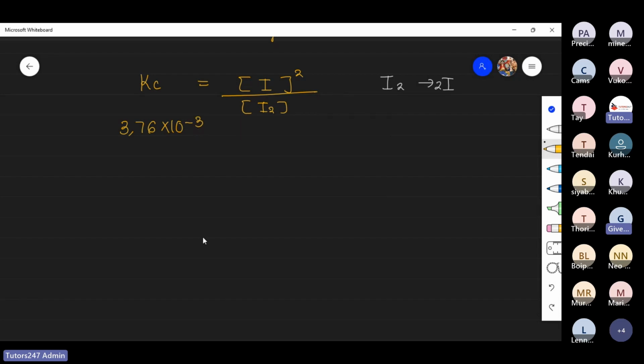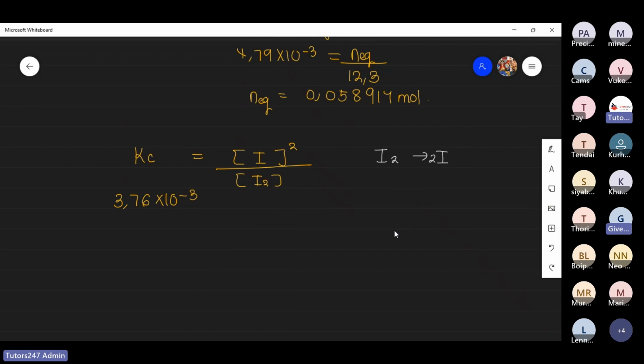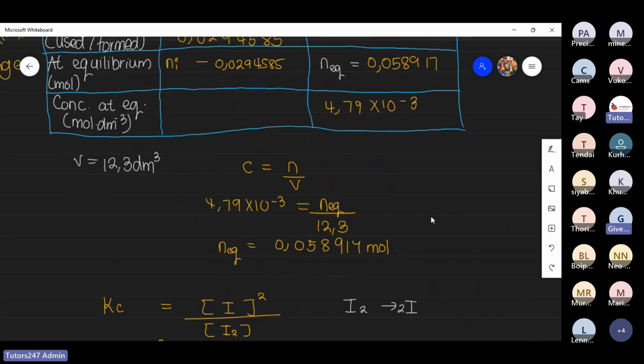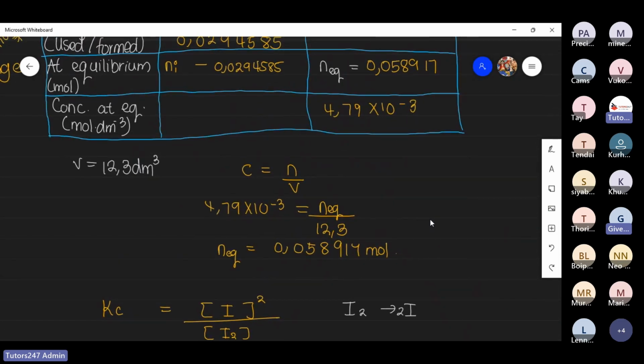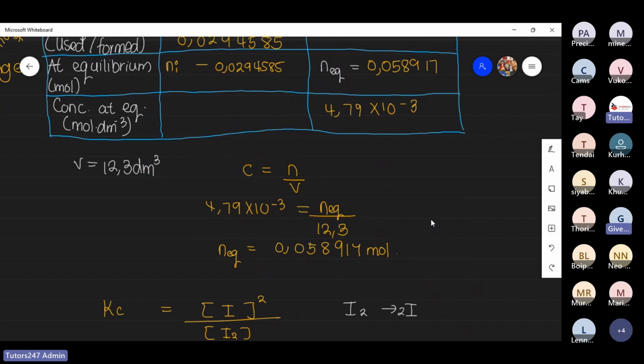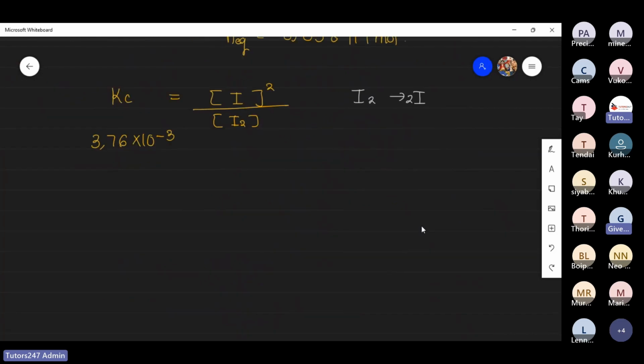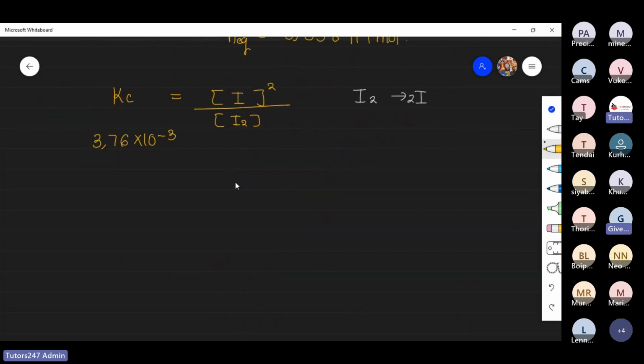Now, in place of I squared, we know that our value comes from our table. So let's have a look at our table. We were given the concentration at equilibrium of iodine atoms as 4.79 times 10 to the power negative 3. So let us substitute that in. So 4.79 times 10 to the power negative 3 squared all over I2.